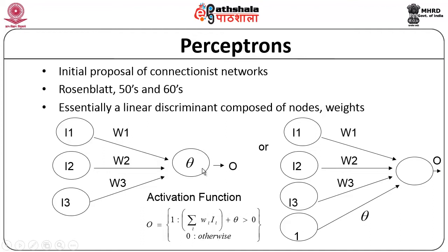The theta over here is called a bias function. This bias function, as already mentioned, is used for either amplifying or de-amplifying the input strength. If the signal strength is very weak, then the signal will be amplified, or if the signal strength is very high, then it will be de-amplified accordingly.